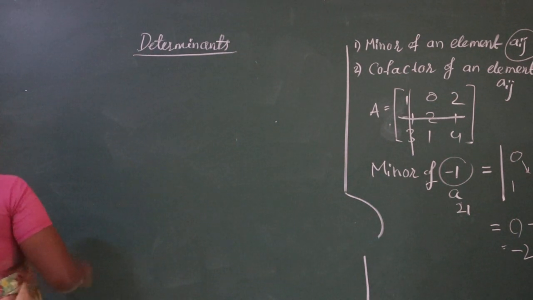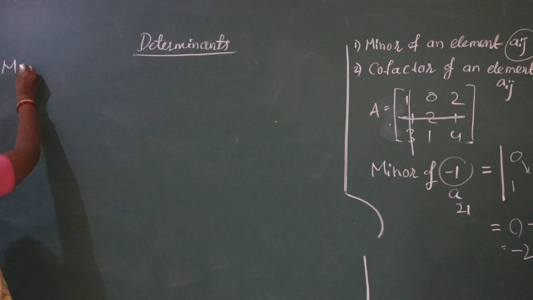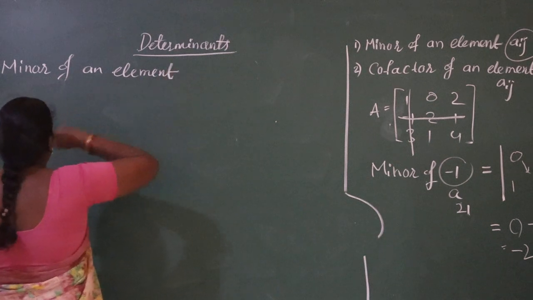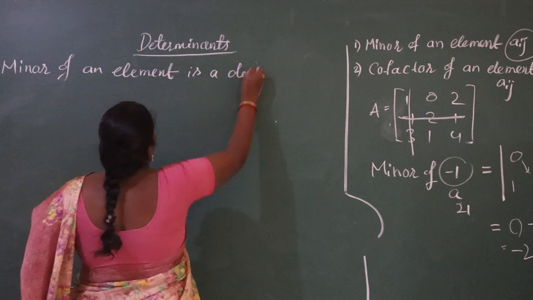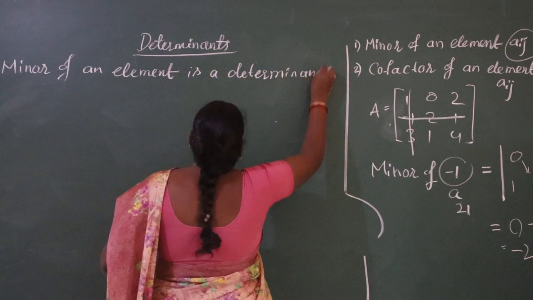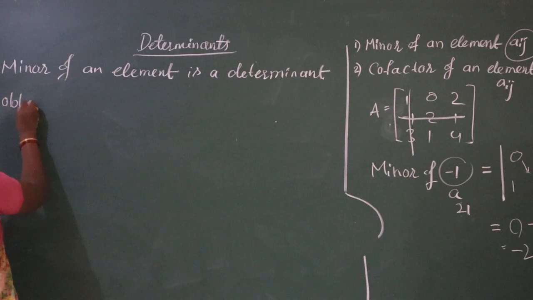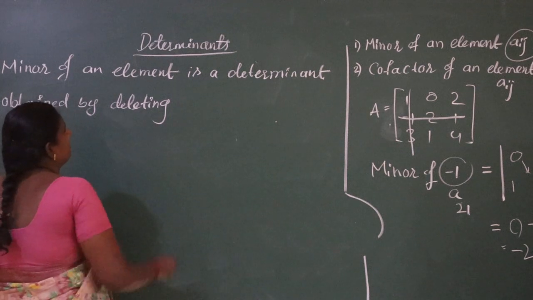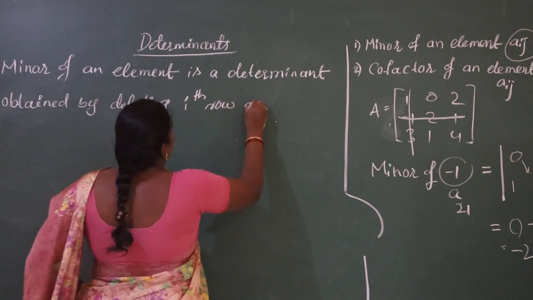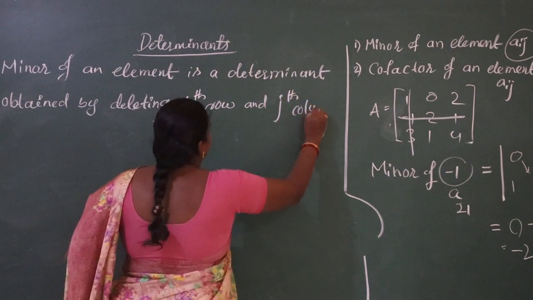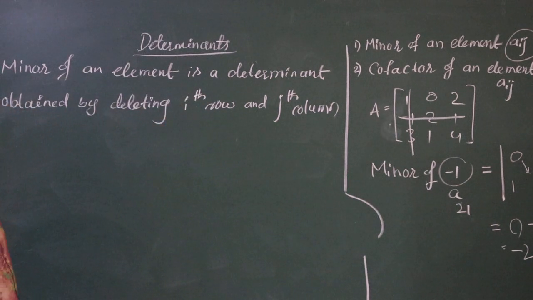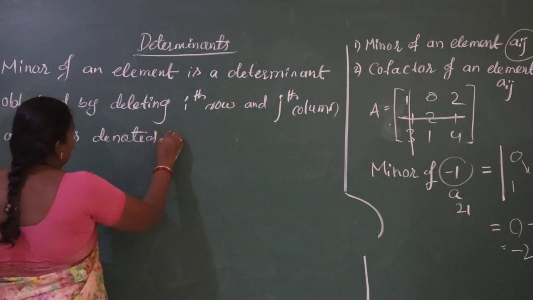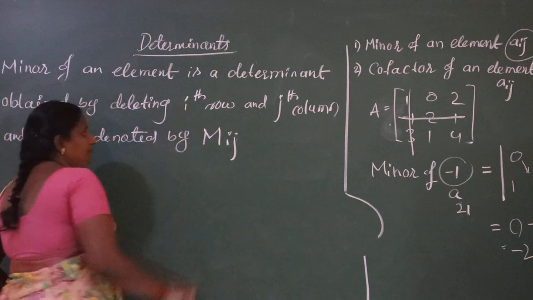Minor of an element is a determinant obtained by deleting the ith row and jth column, and it is denoted by capital Mij.